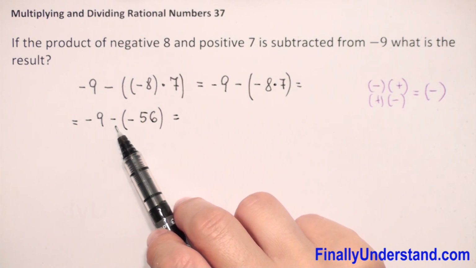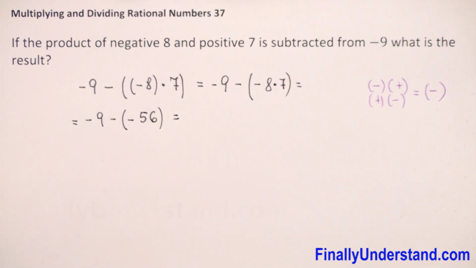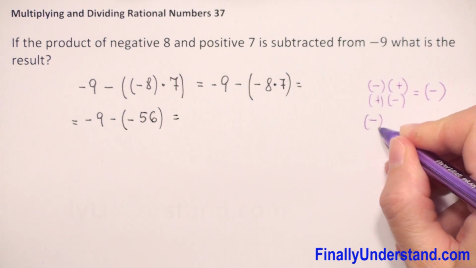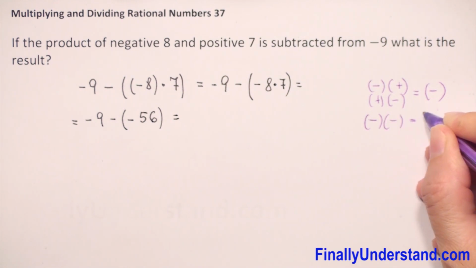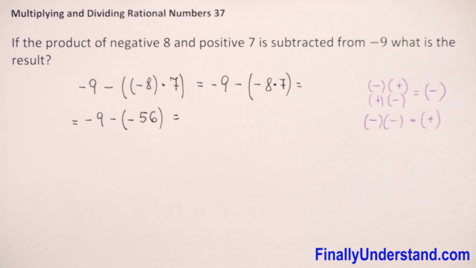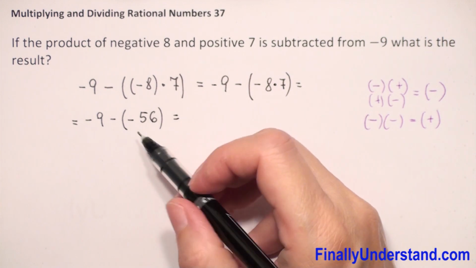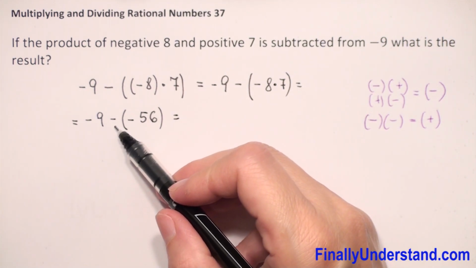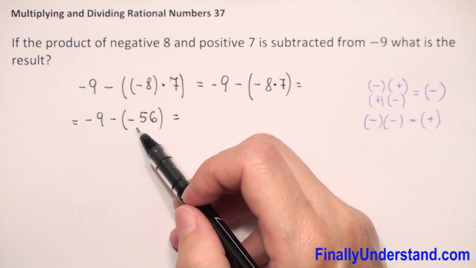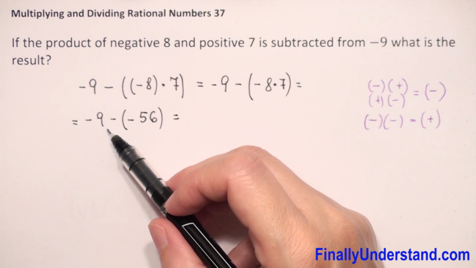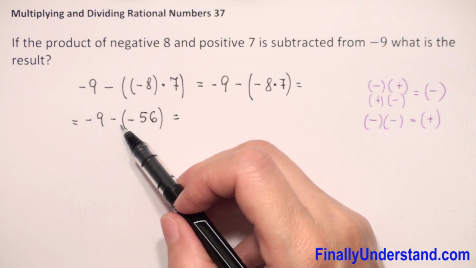Memorize, when you have two negative signs, always two negative signs give you a positive sign. Or you have to remember, when we have subtraction of integers, we can always change this to addition of the opposite.